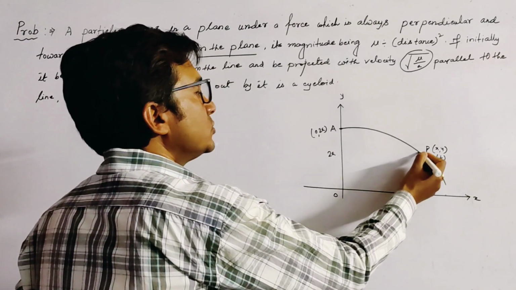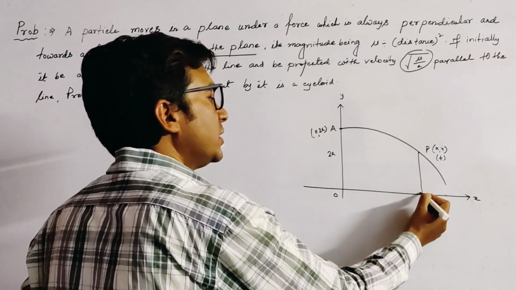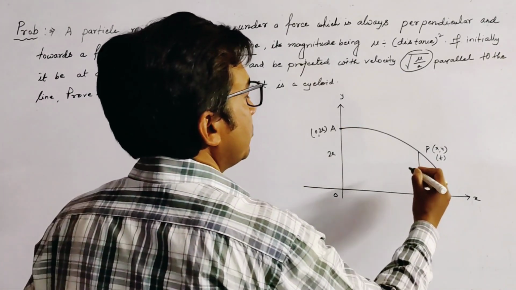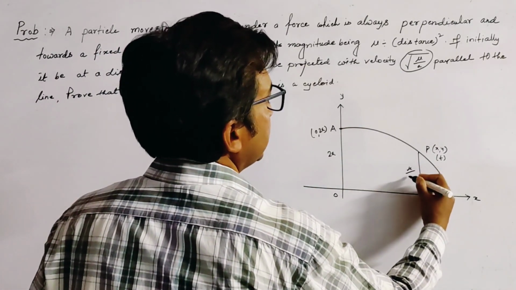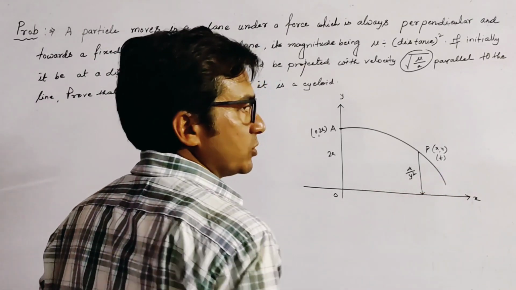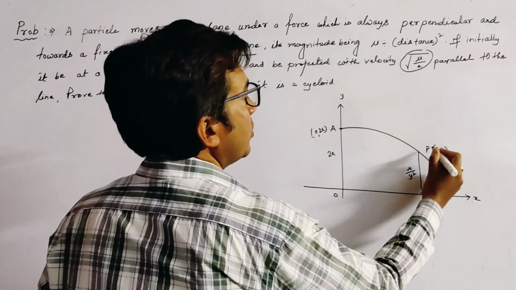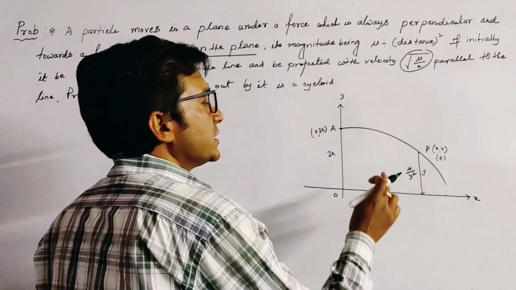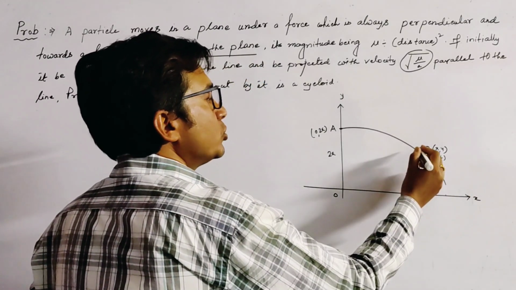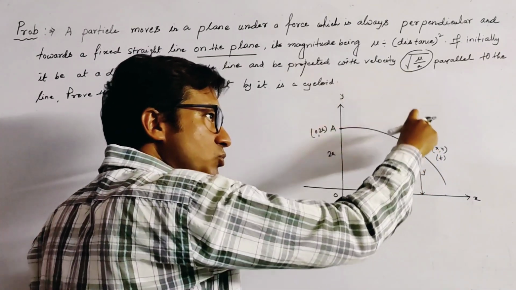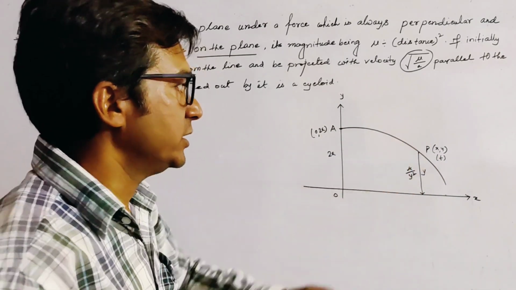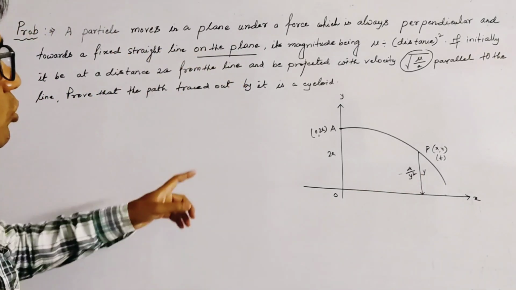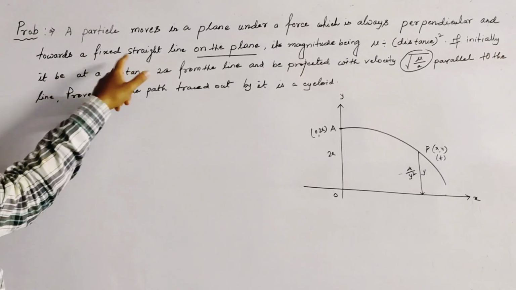So the force is always directed towards the fixed line, that is, the fixed line is the x-axis, and the force is given by mu by distance square, meaning y square, because the distance of P from the fixed line is y. Since this force tries to decrease the value of y, this is a negative force; the force is perpendicular and towards the straight line.